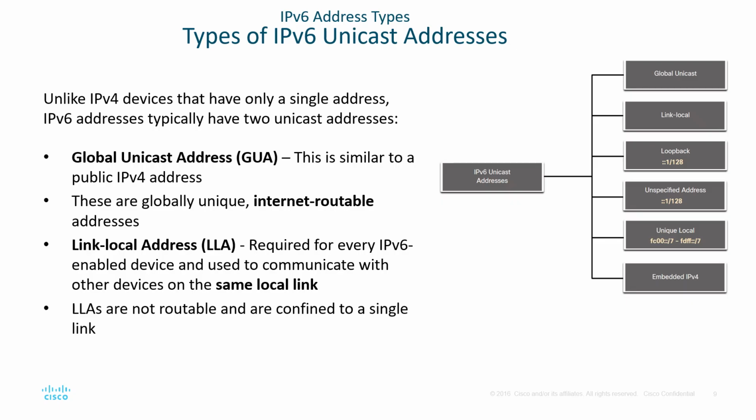Then pay attention to the definition as they break them out over here on the right. Your loopback address now is ::1 with the prefix of 128. An unspecified address is :: also with the 128. Unique local addresses are FC00::/7 to FDFF::/7.